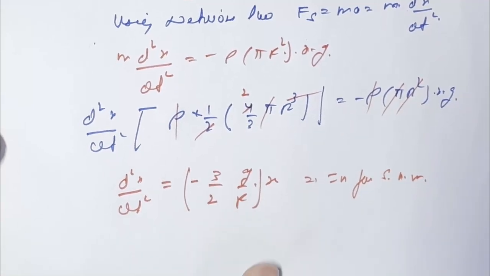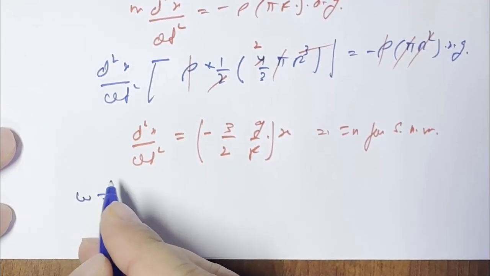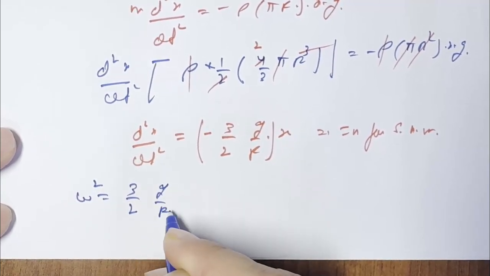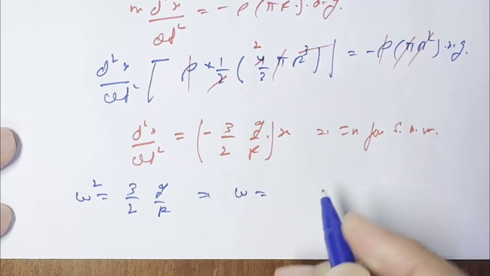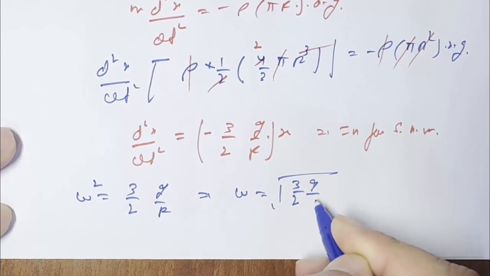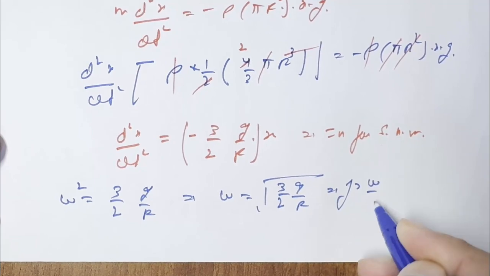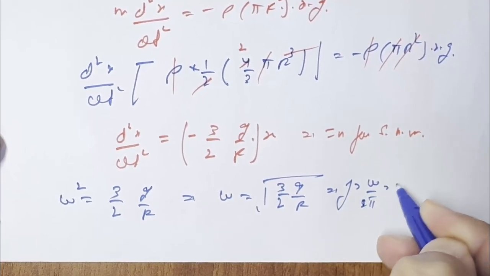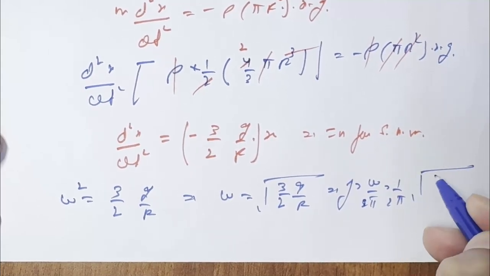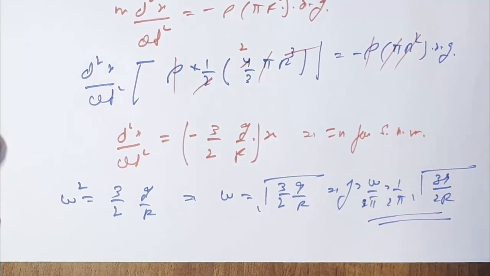So from here we can write our omega square is equal to 3 by 2 g upon r, which gives omega is equal to the square root of 3g upon 2r, or we can say our frequency, which is omega upon 2 pi, is equal to 1 upon 2 pi, and here we have the square root of 3g upon 2r.